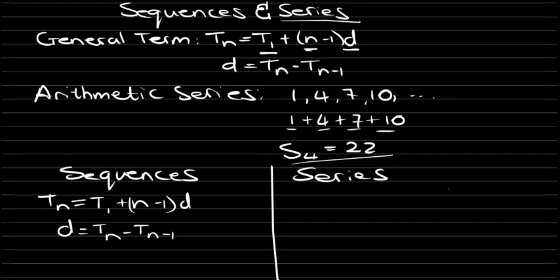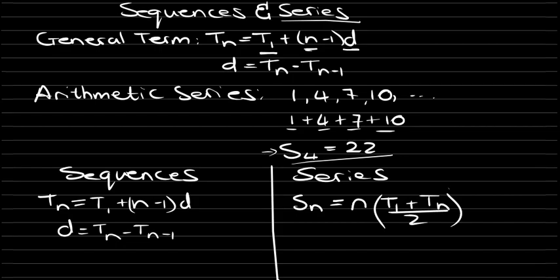I'm just going to give you the formula to calculate the sum of the first n numbers, and I didn't explain it just now, but the series, or the sum, we denote with an S. So the sum of the first n numbers is equal to how many numbers there are multiplied by the first term plus the nth term, and we divide all of that by 2.